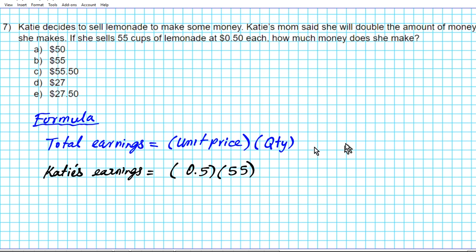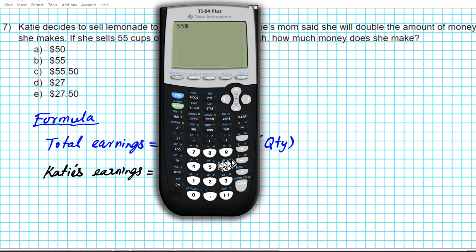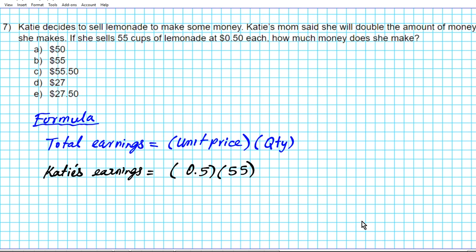Let's go ahead and multiply that out. I'm going to use my calculator for this. 55 times 0.5 is 27.5. So she makes $27.50.